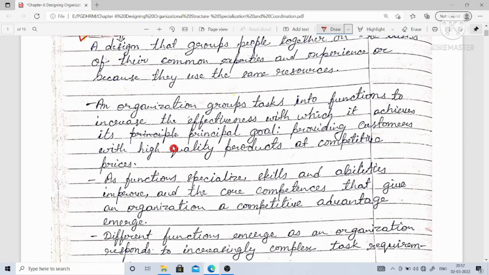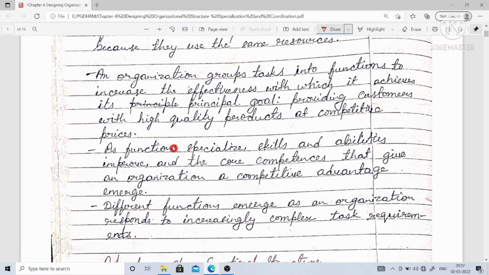An organization groups tasks into functions. There are so many tasks in the organization, so an organization can group tasks into functions to increase effectiveness. Why do we group different tasks into functions?